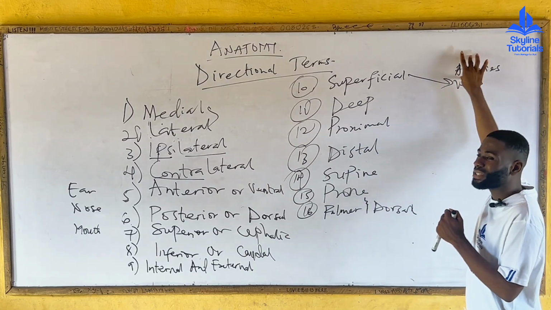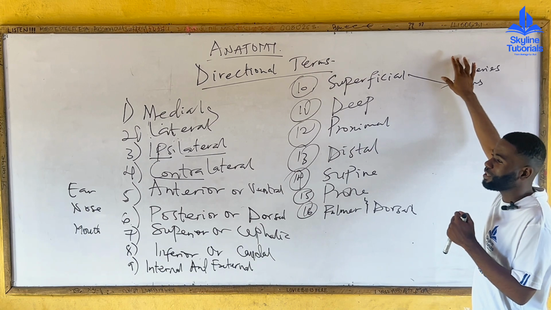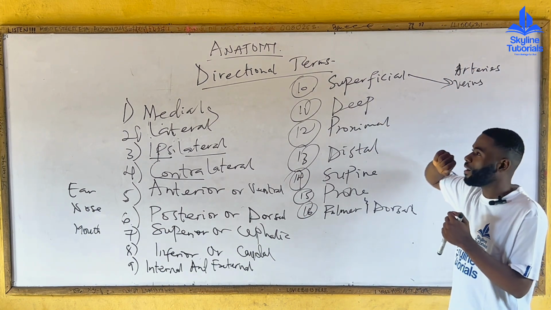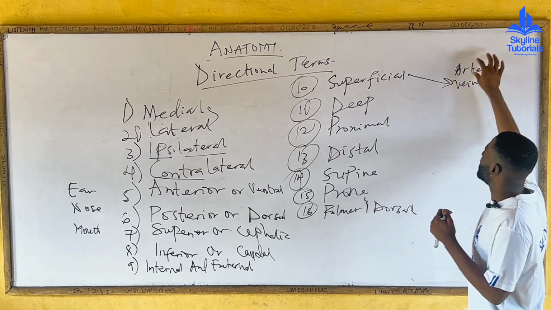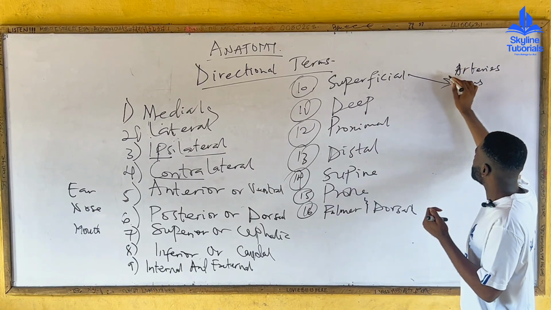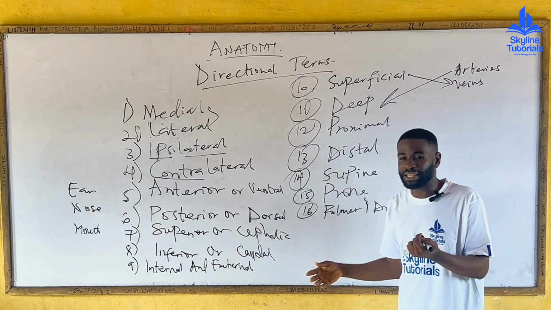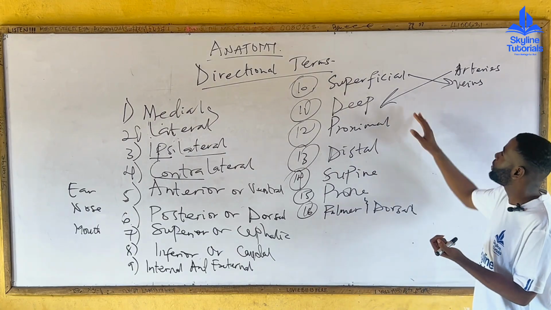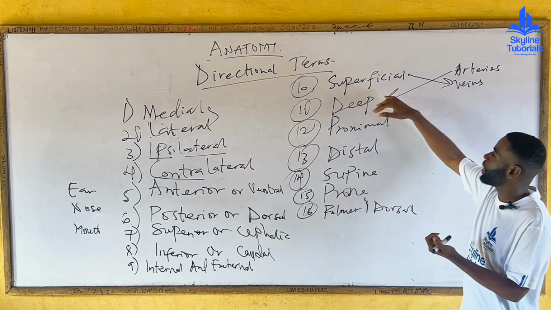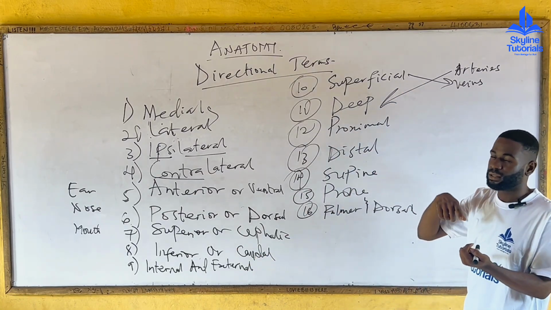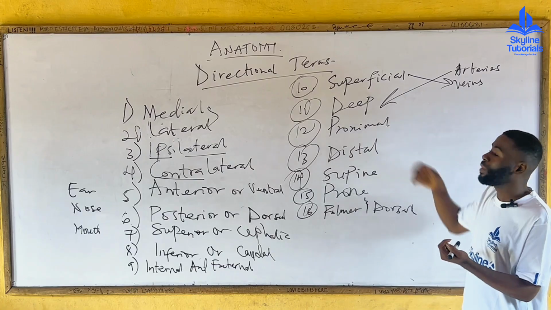So it comes out with more force. So imagine you have an injury in the artery, you would lose a whole volume of blood. So that is why the arteries are tilted away from the surface so that they can be barely injured. So those are the terms that we use for describing structures that are away and in the skin.